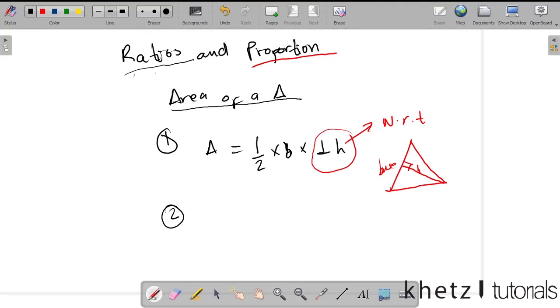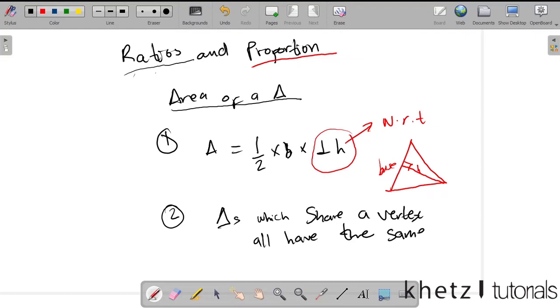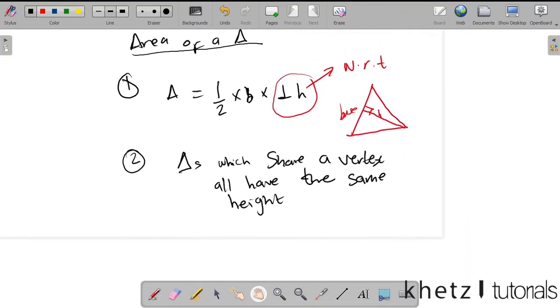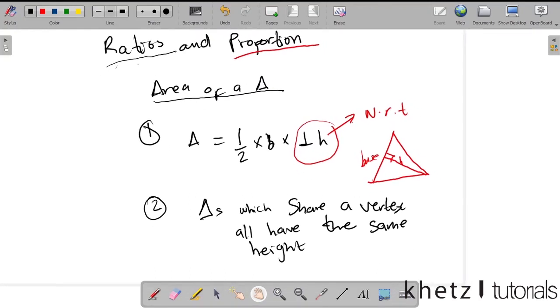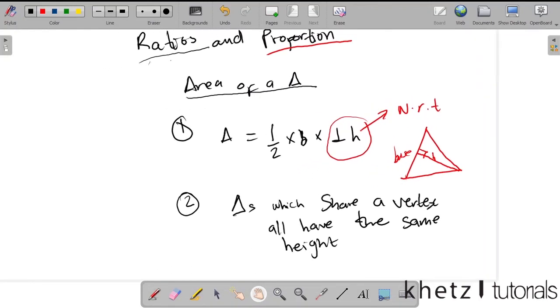And the second point says triangles which share a vertex all have the same height. So from point 1, we said that we are dealing with perpendicular height when we want to find the area of a triangle.